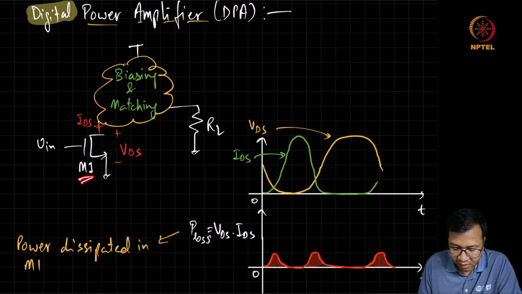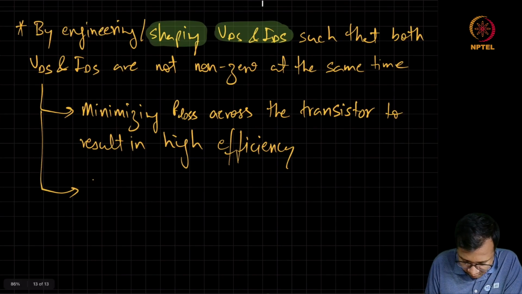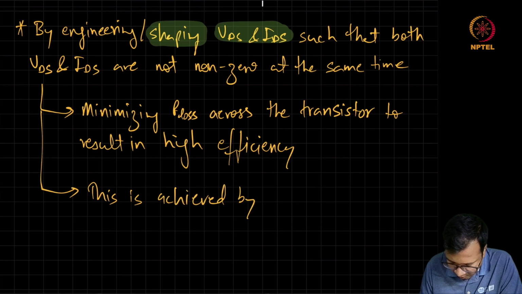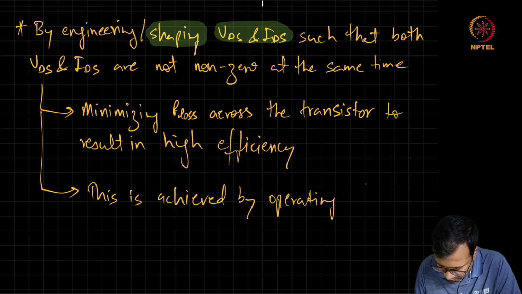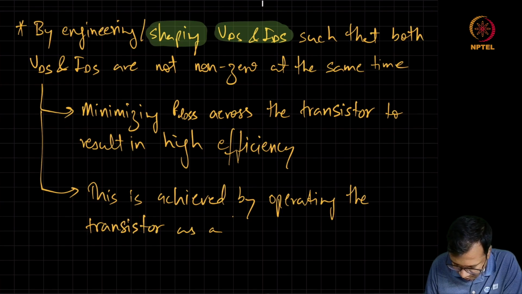And when we completely turn off this M1 in the other half, then this IDS is also going to approach zero. This is achieved by operating the transistor as a switch.